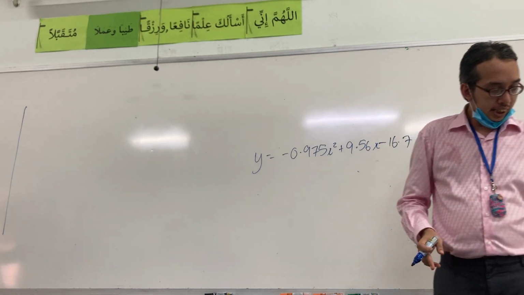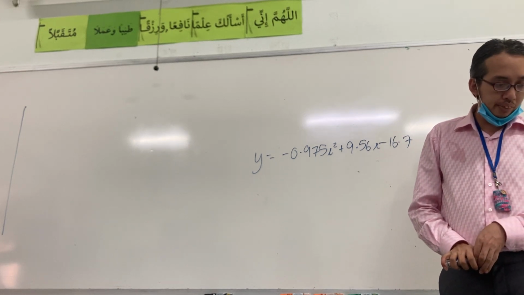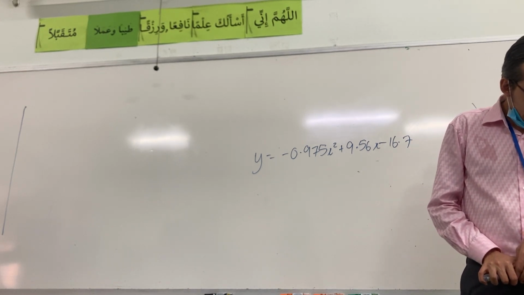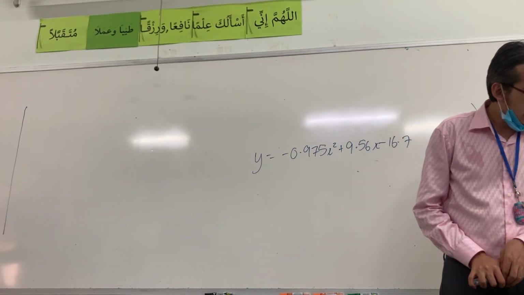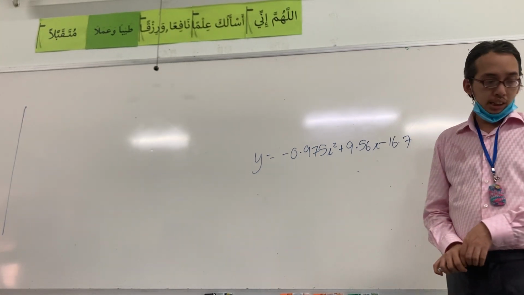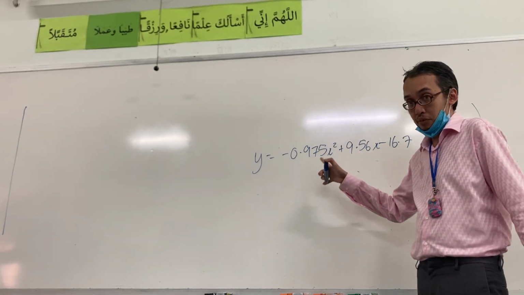The next question is the thinking question. They say, by considering the gradient of the curve at x equals 4, explain why it may not be a good model. You want the gradient of the curve, because this is only the equation.